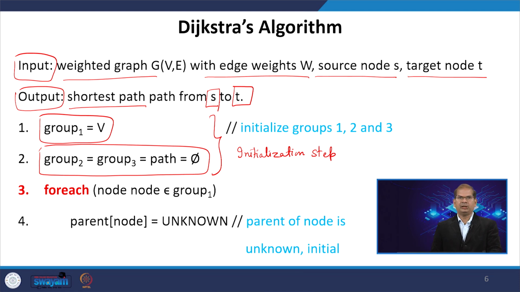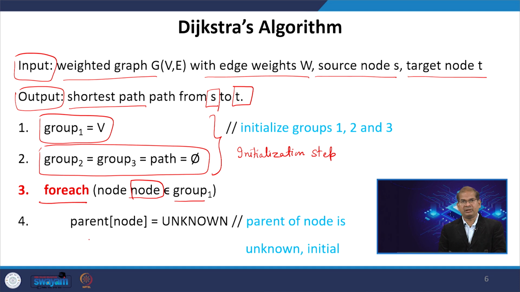Then for each node we are doing the traversing or visiting. For each node, this node belongs to group 1, which is not visited.